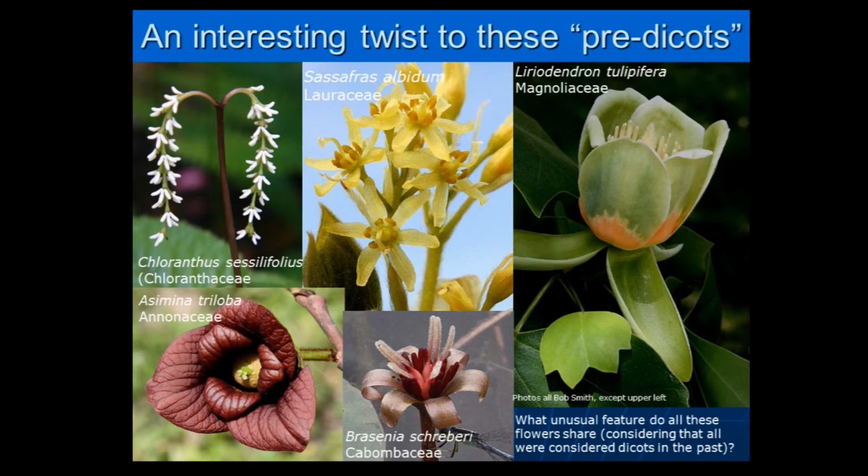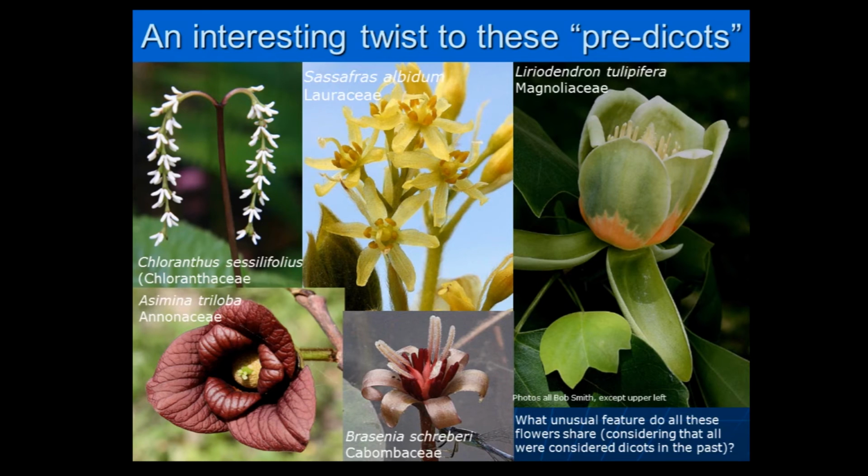There's an interesting twist. In retrospect, botanists should be slapped silly for not realizing that there was something interesting about these primitive plants that we used to think were dicots.